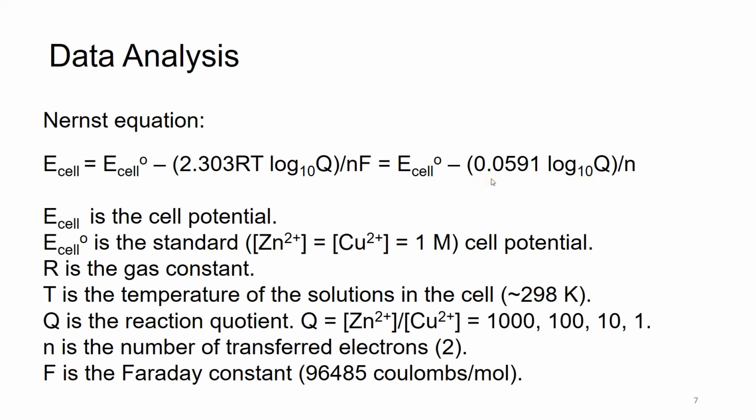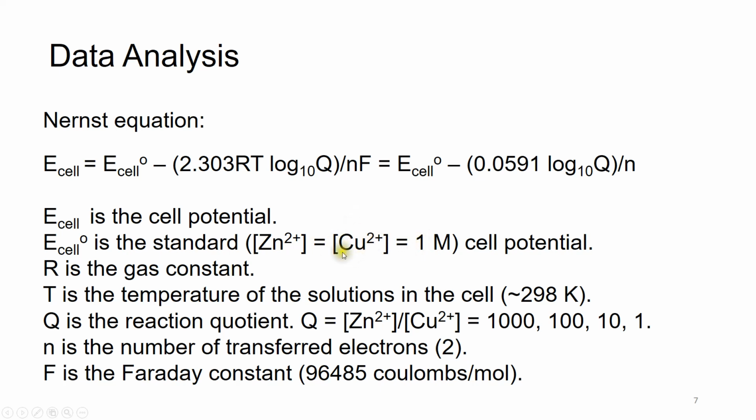And now we can measure this Q with 4 different concentrations of copper 2 plus. And then we'll have 4 different reaction quotients, starting from 1000 and then 100, 10 and 1. So why is this 1000? It's just because zinc 2 plus is going to be 1 molar for all 4 trials.